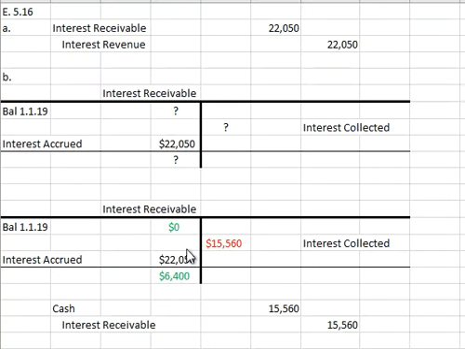So as long as the beginning balance that you assume is $6,400 less than the ending balance that you assume, then you can come up with the number on the other side of the entry, the other side of the account. That makes this the interest collected.